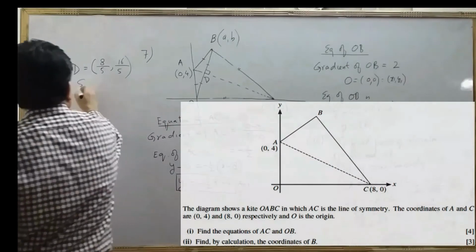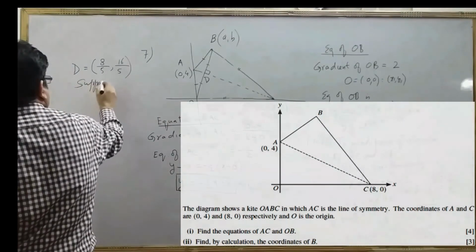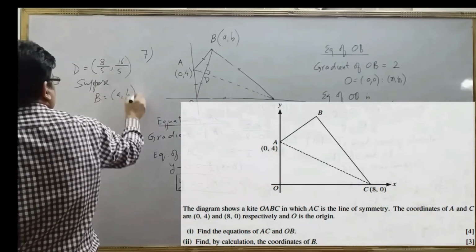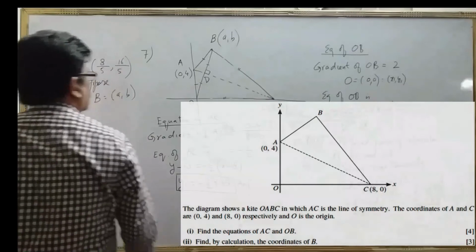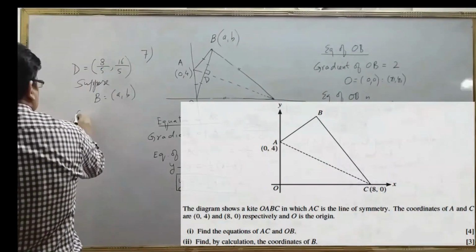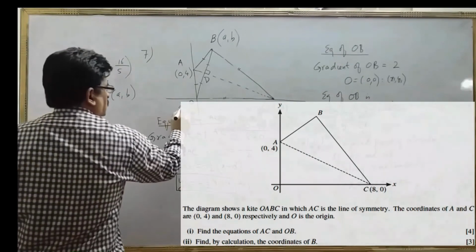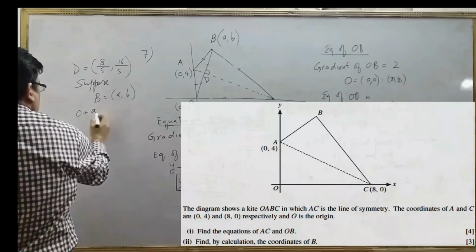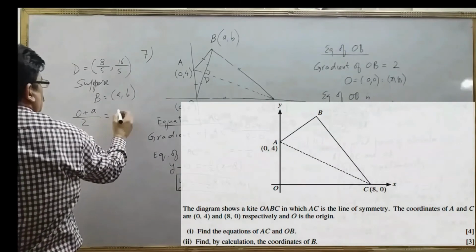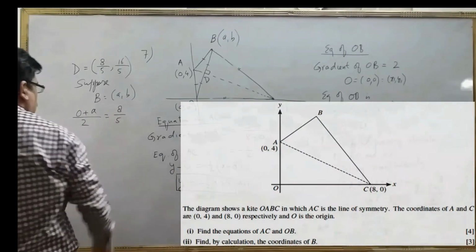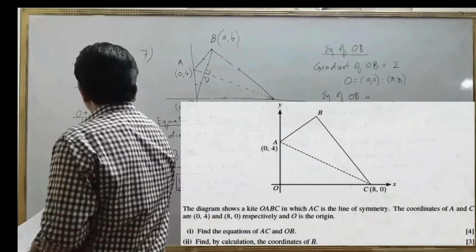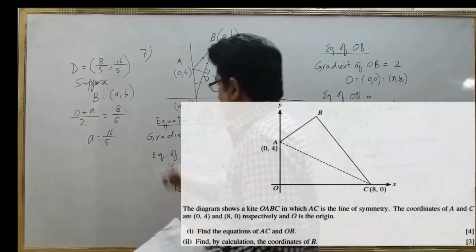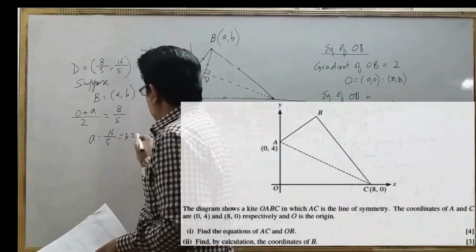So supposing B is equal to AB, then we have, so this is 0, 0, x1 plus x2 divided by 2 is equal to 8 over 5, and from here we get it is 16 over 5, which you can also write in decimal.